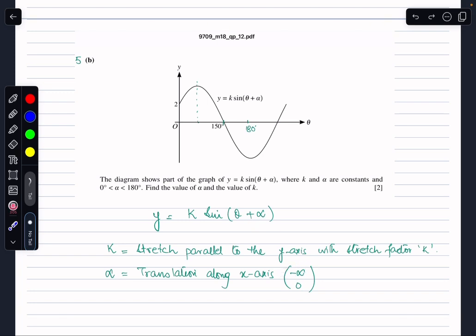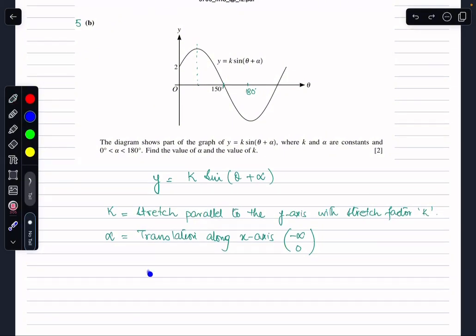It has been translated by negative alpha, and we know that in the original graph sine of 180 gives us a zero value. We know sine of 180 degrees gives us a zero value, but in this given graph it's sine of 150 degrees which is giving us the value zero.